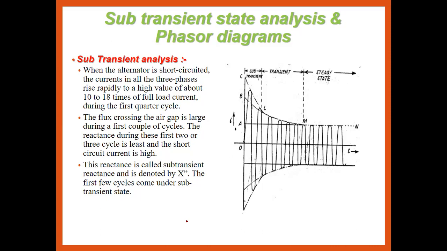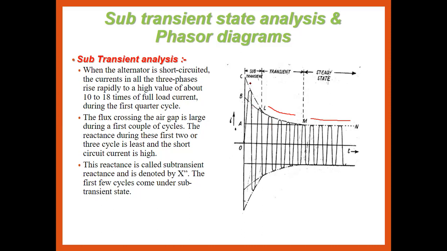The first few cycles come under the subtransient state analysis. Now we have to discuss the waveform. The steady state condition is there in this period, then there is some disturbance or change of the fault current, but not a higher one. The value is generally somewhat greater than under the steady state condition.